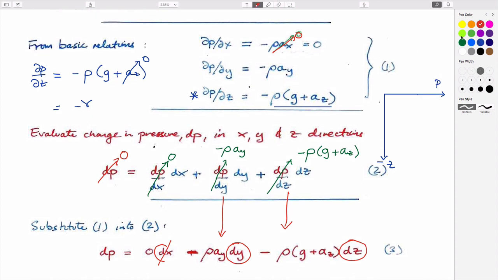If you look at the fluid pressure that you go down in this, from say P0 here, we know that this expression, the rate of change of pressure with depth, is equal to rho times g plus acceleration in z, with a negative sign on it. We know exactly what that means, right? Because we've talked about it a number of times.